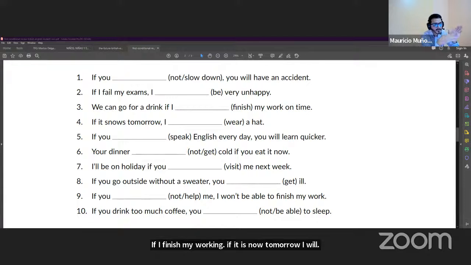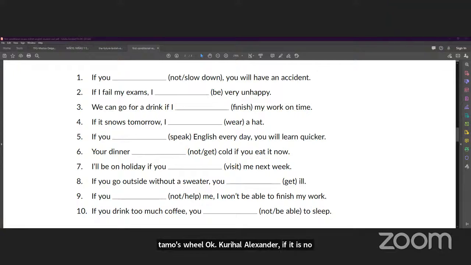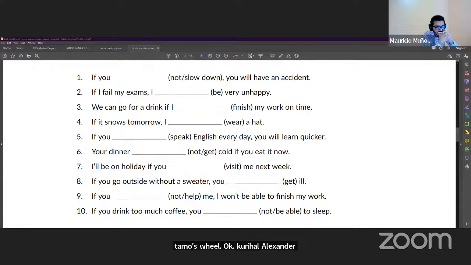Recordemos que después de la cláusula condicional, la otra es futuro. Y para futuro aumentamos will, ¿ok? Corrígela, Alexander. If it snows tomorrow, I will wear a hat. Correct. Remember, I will wear a hat.